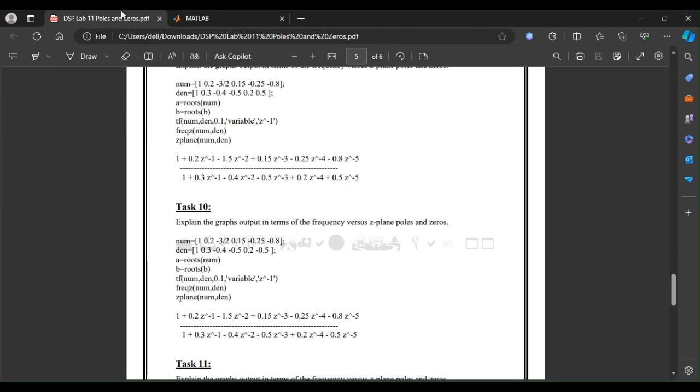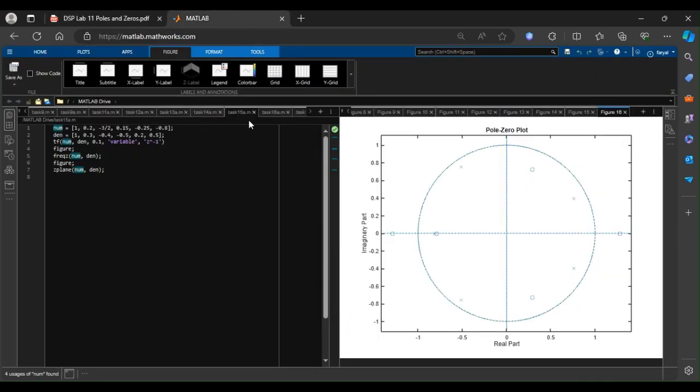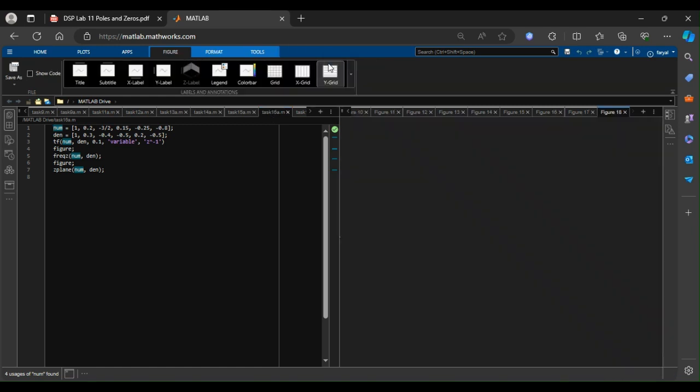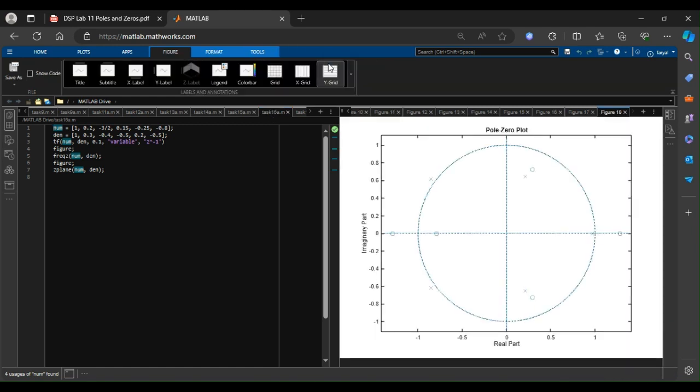Task 10 again asks to explain the graph. The transfer function here represents a system with 1 zero and 5 poles. The frequency response plot indicates the system behavior across different frequencies. The z-plane plot illustrates the position of the poles and zeros.